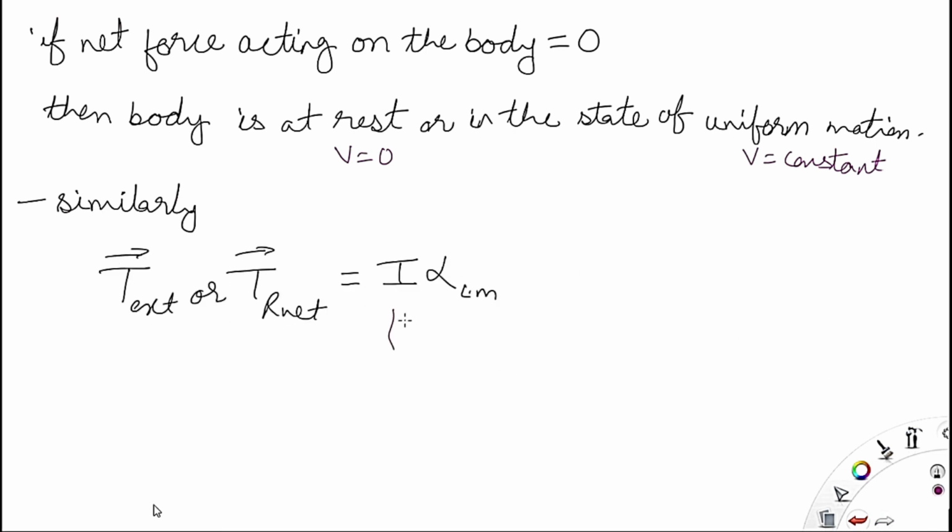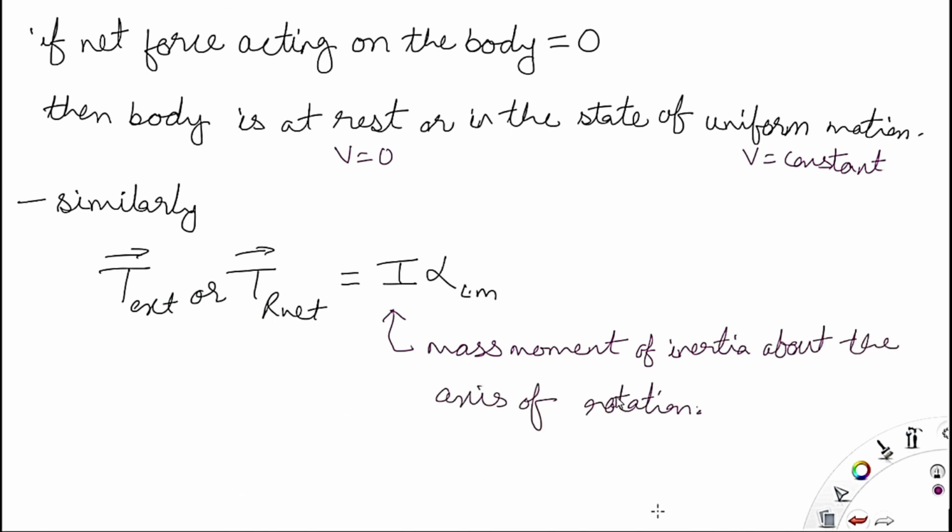Similarly, net external torque is equal to I alpha Cm, where I is the mass moment of inertia about the axis of rotation and alpha Cm is the angular acceleration of the center of mass. As in linear motion the force acts, in angular motion the torque acts. Whatever the force does to linear motion, the torque does to angular motion.